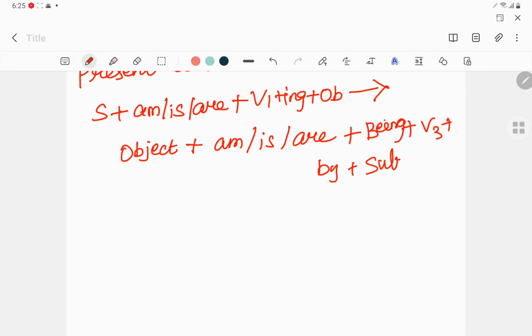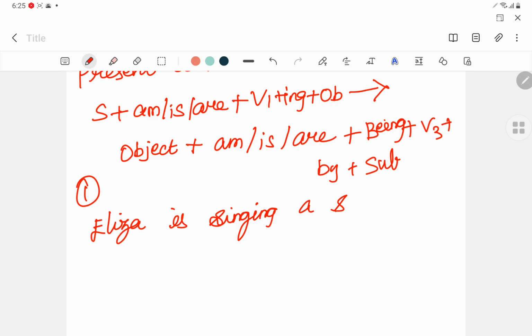Eliza is singing a song. Eliza is singing a song. How do you change that? So a song is the object, here it becomes the subject.